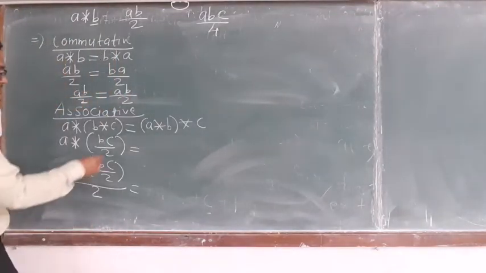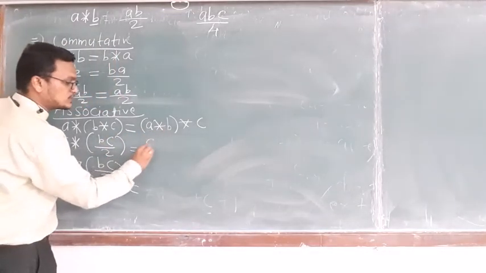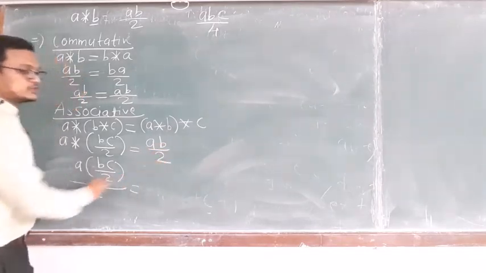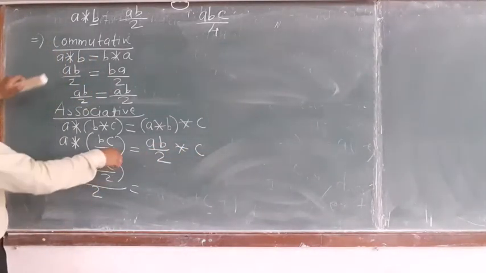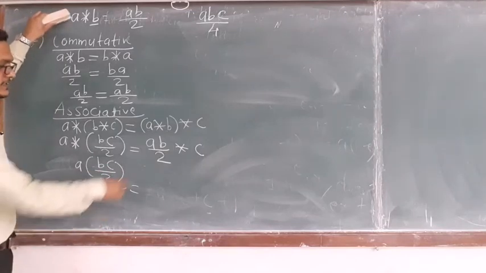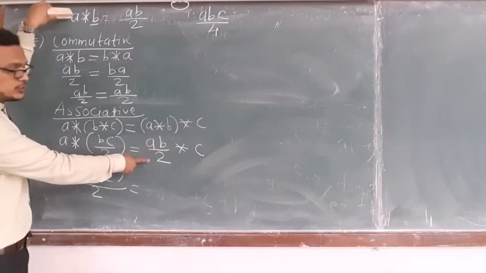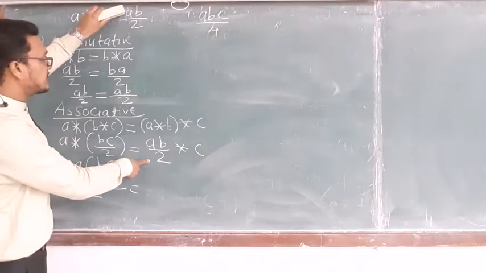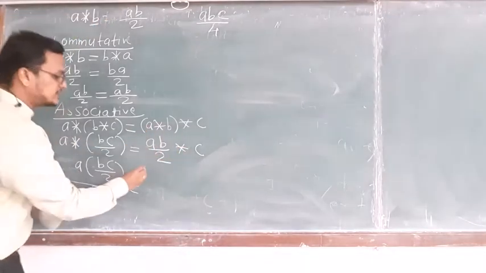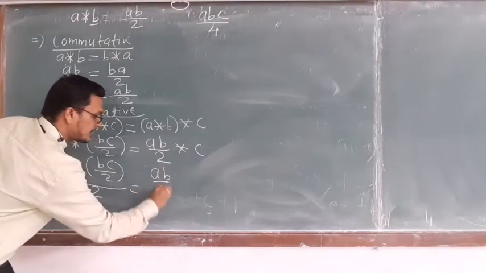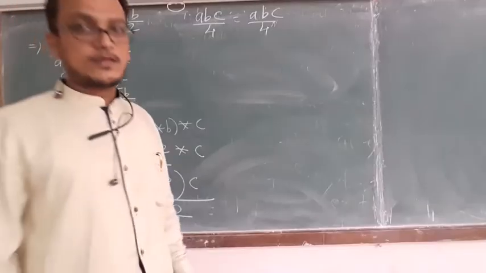A star B is AB by 2, and this is star C. Now here as per the definition, this A place is taken by AB by 2. So in the definition, wherever A is there, in the place of A we have to put AB by 2 into C. So that is AB by 2 into C.